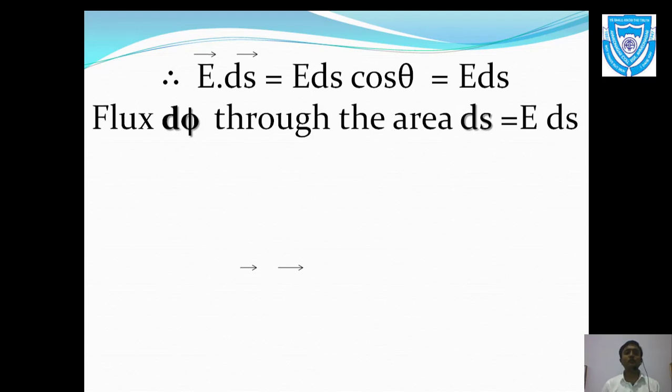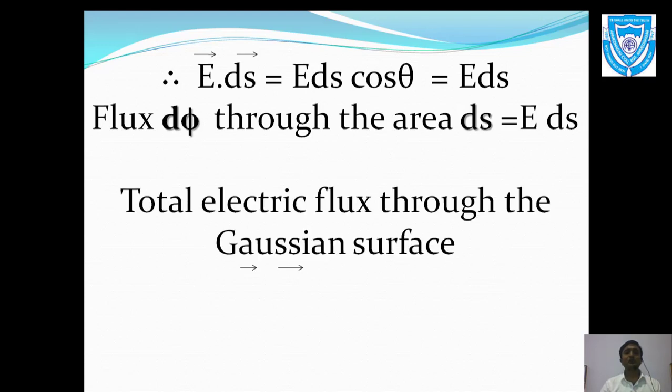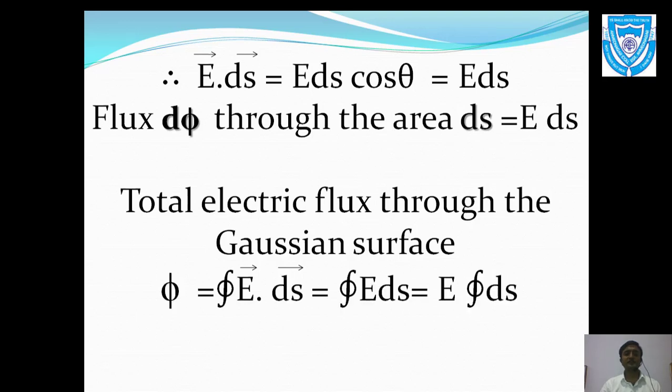Now we have to find the total flux through the whole Gaussian surface. For that, what we have to do? We have to take its integration. The total electric flux through the Gaussian surface phi is equal to the closed integral of E vector dot dS vector. We know that the value of E vector dot dS vector is E dS.